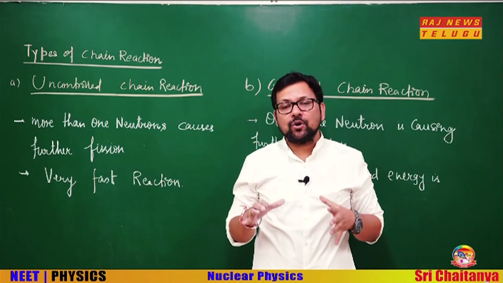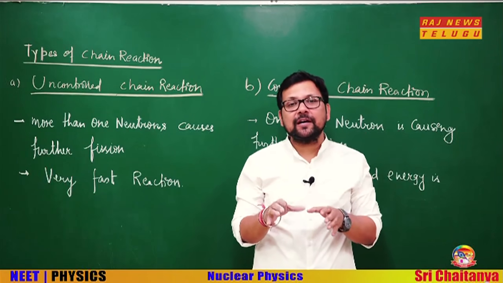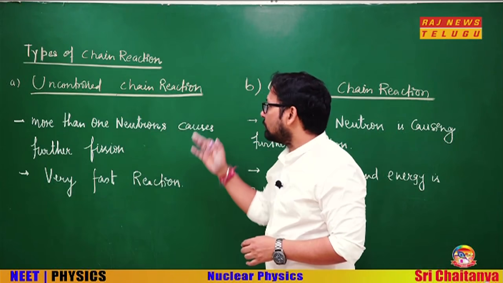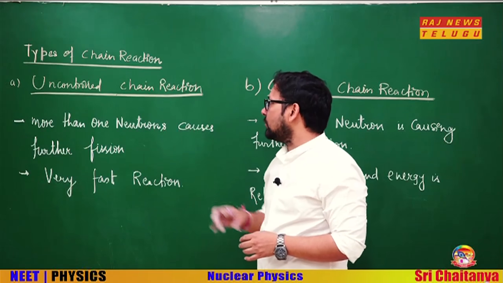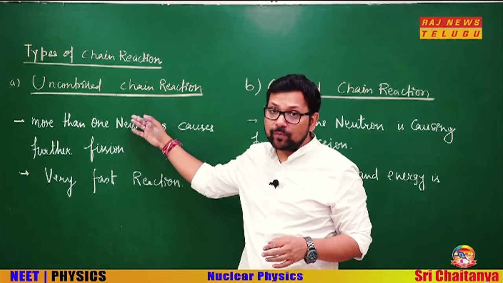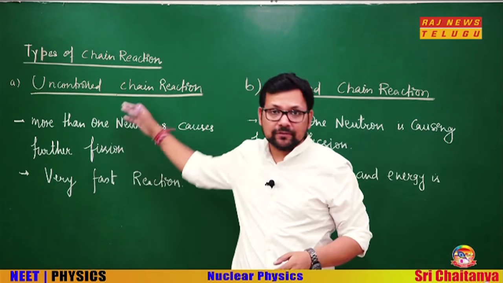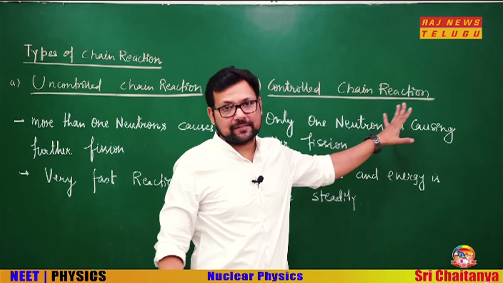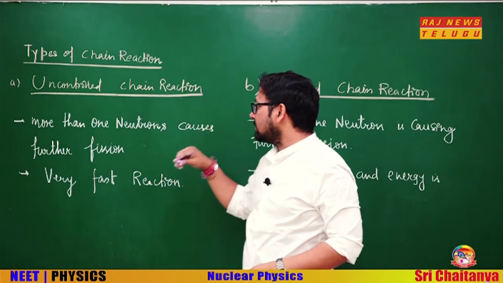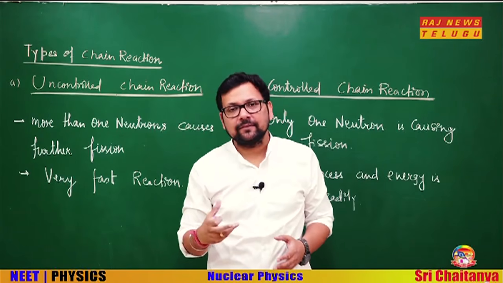So on the basis of the entire chain reaction concept, we can classify the chain reaction into two categories. The first, uncontrolled, and the second, controlled. Atom bomb, nuclear reactor, destruction, peaceful purposes. So let's see, in an uncontrolled chain reaction, more than one neutron causes further fission.